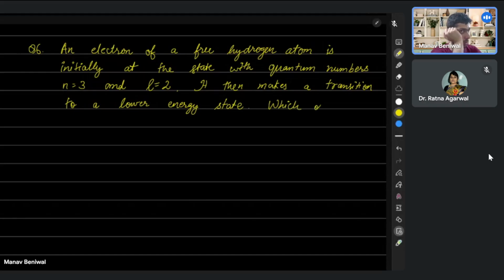Now, which of the following states may be possible after this transition?